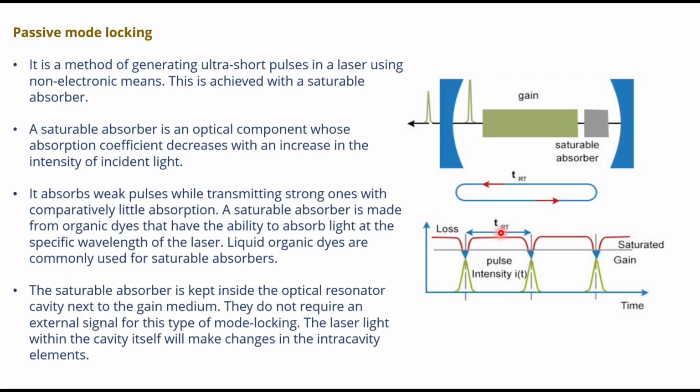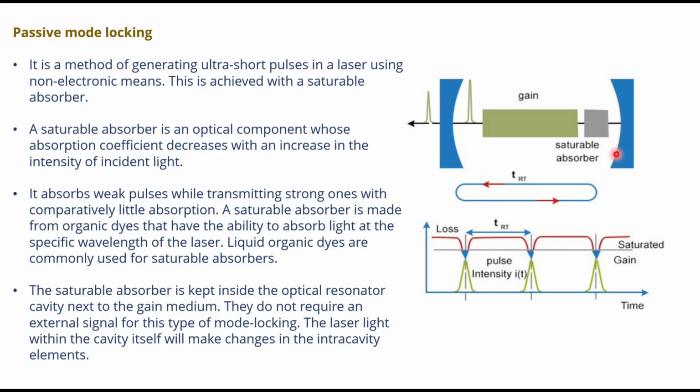Only those strong pulses that can saturate the absorber will circulate continuously, while weak ones fade out. At that gain time, it gives a high intensity pulse.